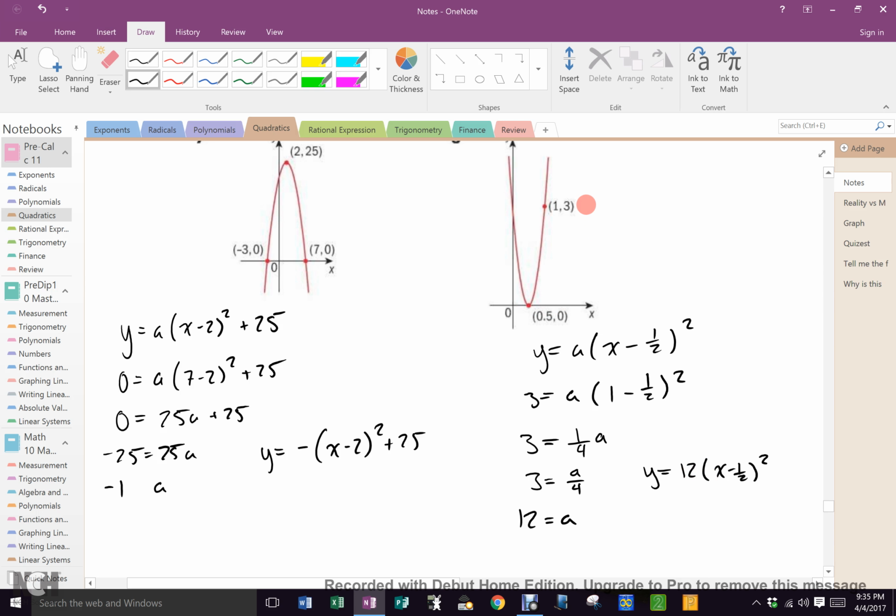I'm not going over 1, I'm going over a half. So how does that work? If I go over 1 and up 12, but I go over a half and up 3, that's a quarter of 12. So it works.